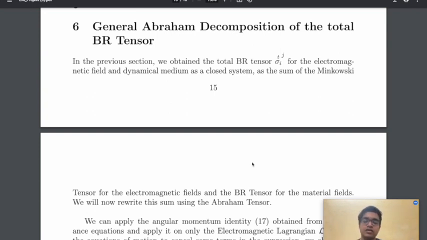And the other term is the BR tensor for the material fields. Now what we'll do in this section is write the same total BR tensor, but in a different way, so that one of the terms is the Abraham tensor instead of the Minkowski tensor.